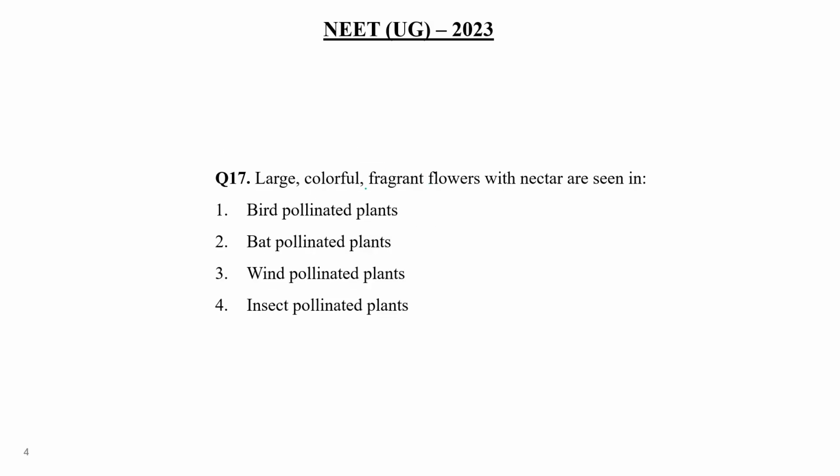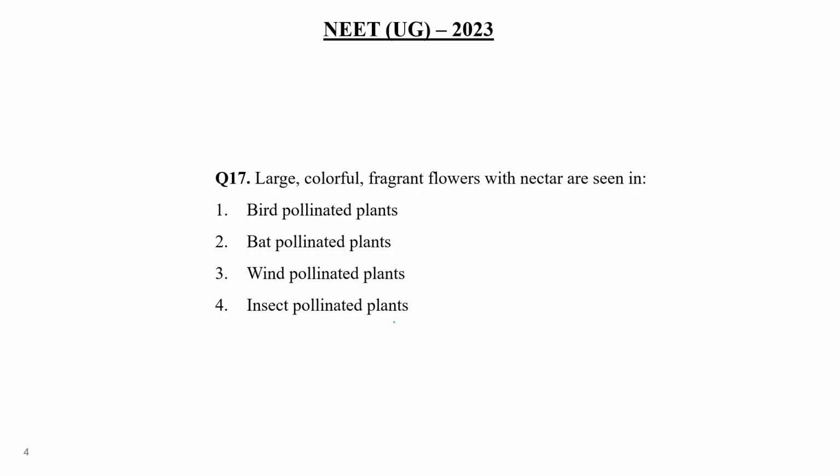Now, large, colorful, fragrant flowers with nectar are seen. We have discussed 2-3 questions in which we discussed colorful, fragrant flowers with nectar. These are the properties of flowers involved in insect pollination, right? They have given us 4 different choices: bird pollination, bat pollination, wind pollination, insect pollination.